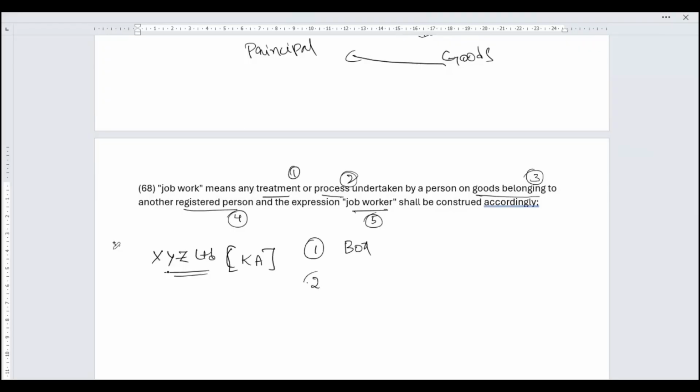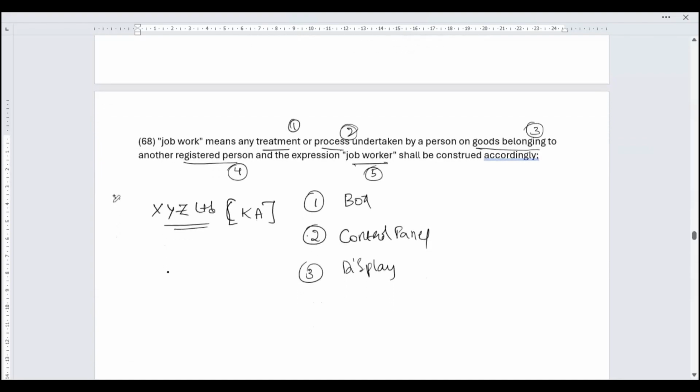Second, you have your control panel. Then you have this display. Let's assume only these three are done outside. Rest all is done inside. This box is manufactured in, say, Tamil Nadu. Control panel is manufactured in, say, Andhra Pradesh. Display is done in, say, Maharashtra.